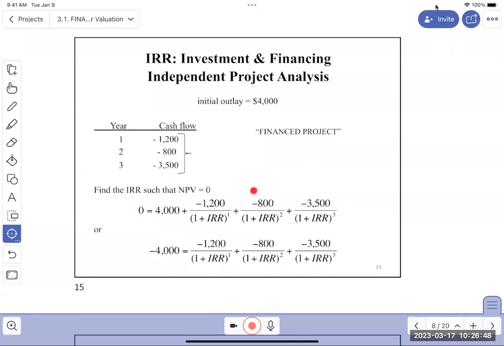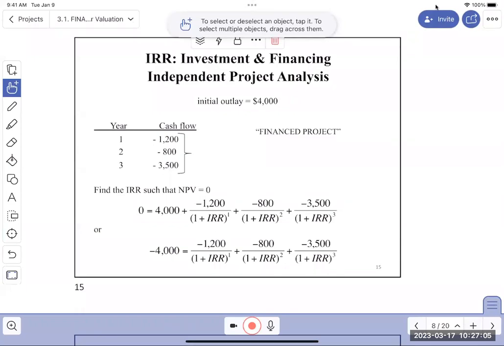Here's our formula. It would still be the same idea, NPV of 0. This is called a finance project. And just as the cash flows are flipped, so is the pattern of the NPV profile.